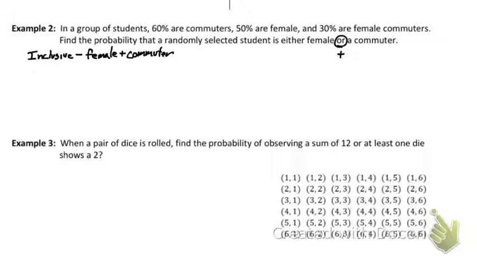All right, so we're trying to figure out what's the probability of pulling out a randomly selected student, either female or commuter. So what we need is the probability that the randomly selected person is female, plus, what's the probability that they are commuter?